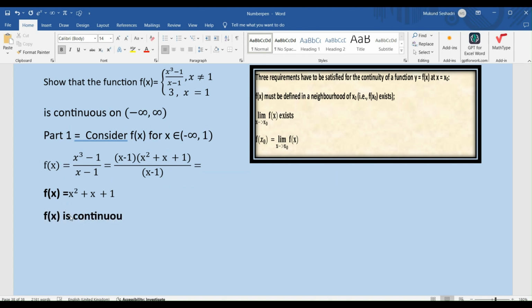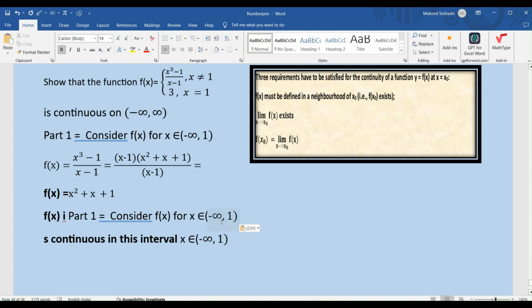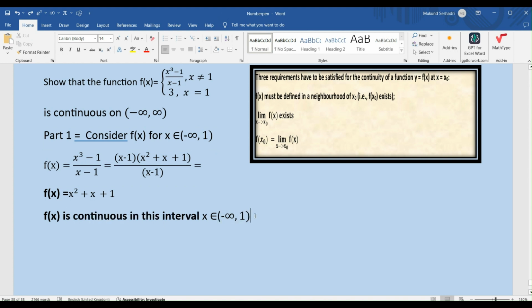So now let's move to the next interval. I'm not gonna spend too much time on this interval, and I will explain to you why.